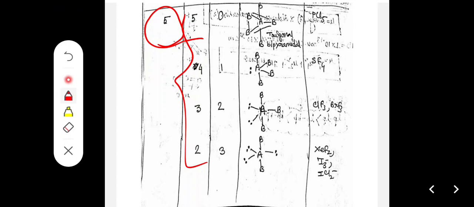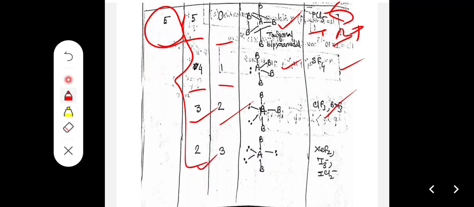Now if the total number of electron pairs is 5, there must be 4 varieties. With 5 bond pairs and 0 lone pairs, it is trigonal bipyramidal, called TBP shape, for example PCl5. If bond pairs are 4 and lone pair 1, that is SF4. If bond pairs are 3 and lone pairs 2, that is ClF3 and BrF3.